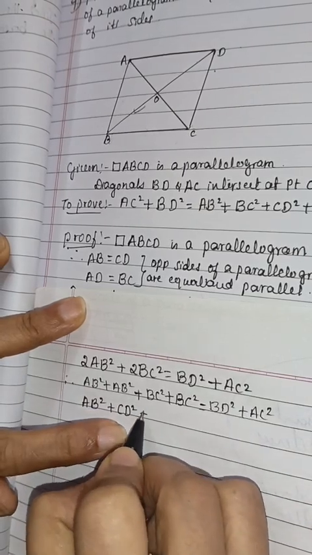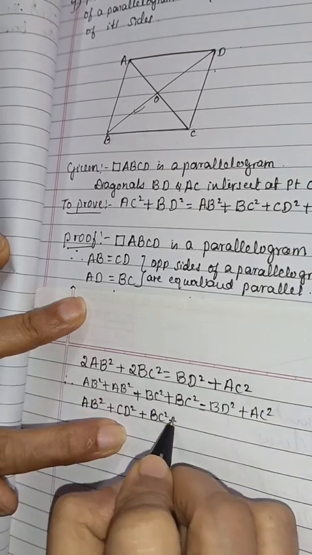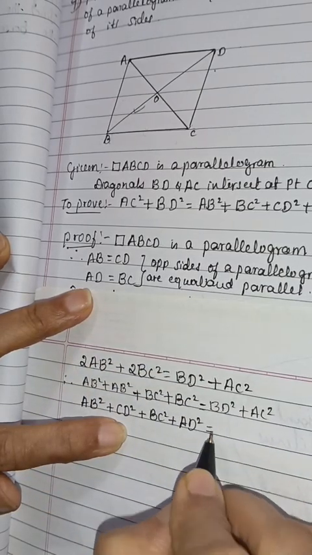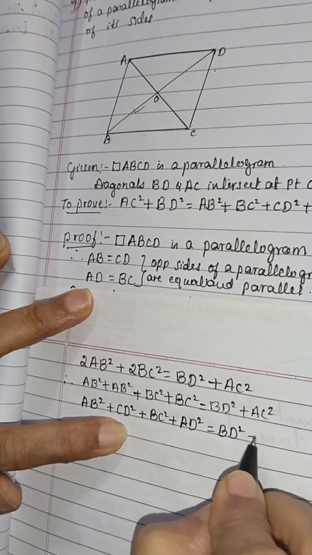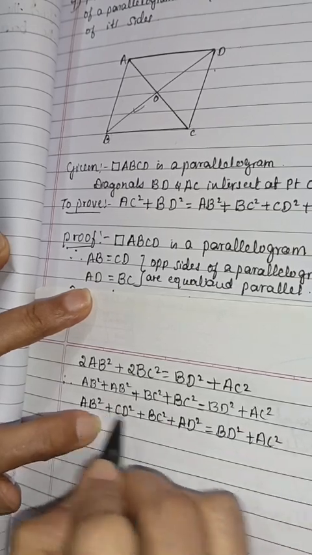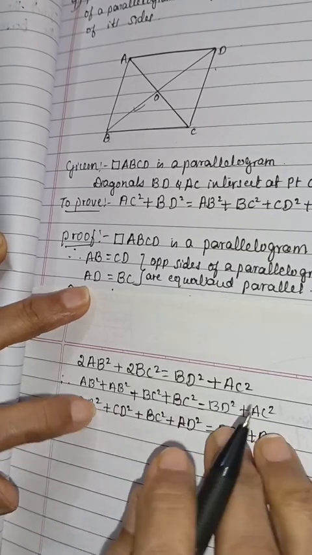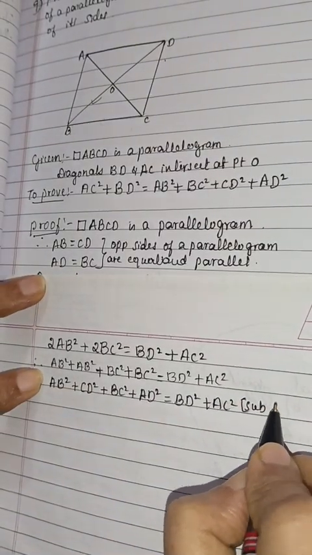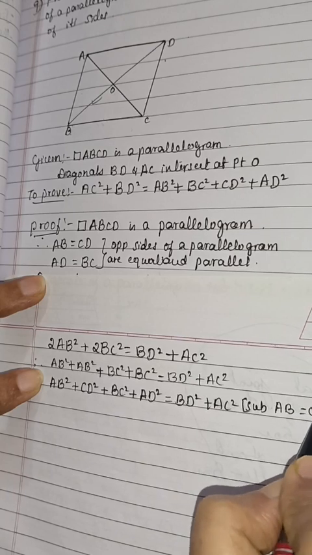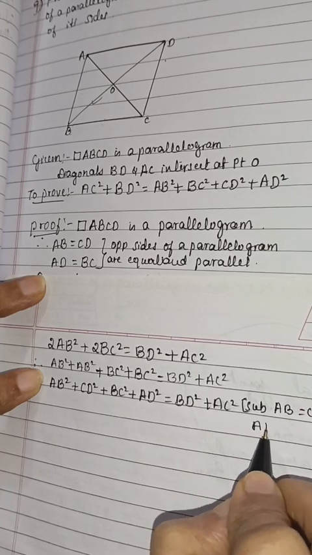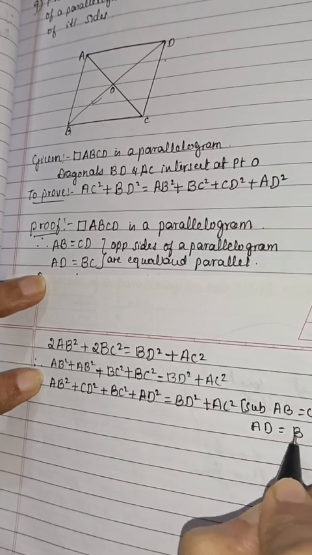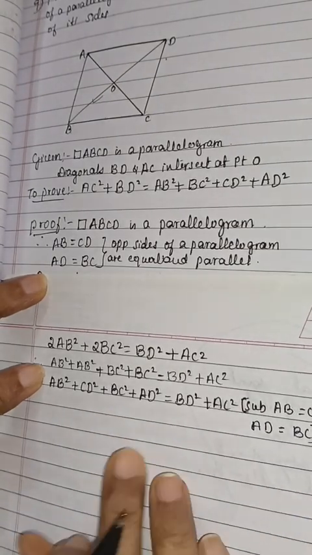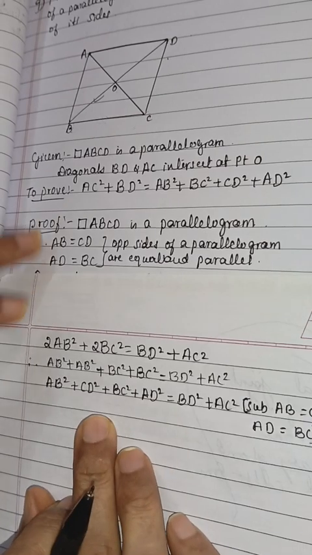Then BC square, this BC is AD, so AD square, equals BD square plus AC square. Substituting AB equal to CD and AD equal to BC. Therefore, we got the answer now.